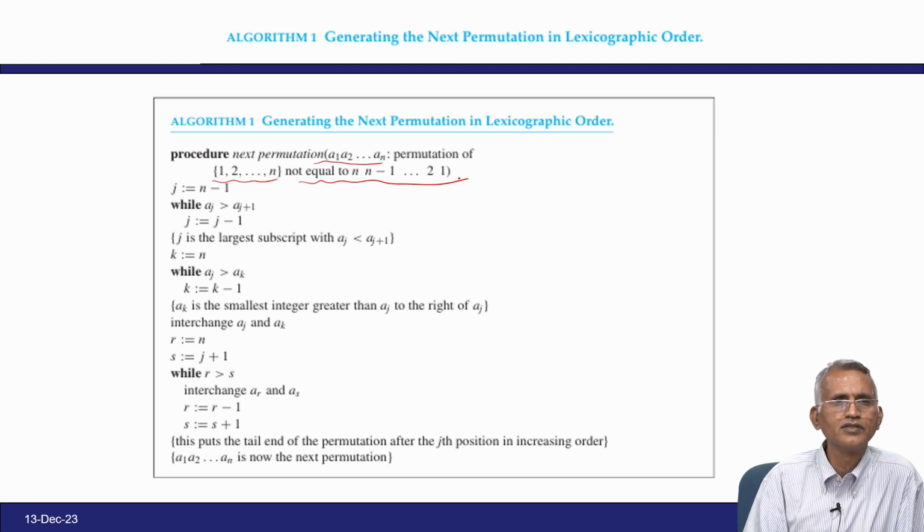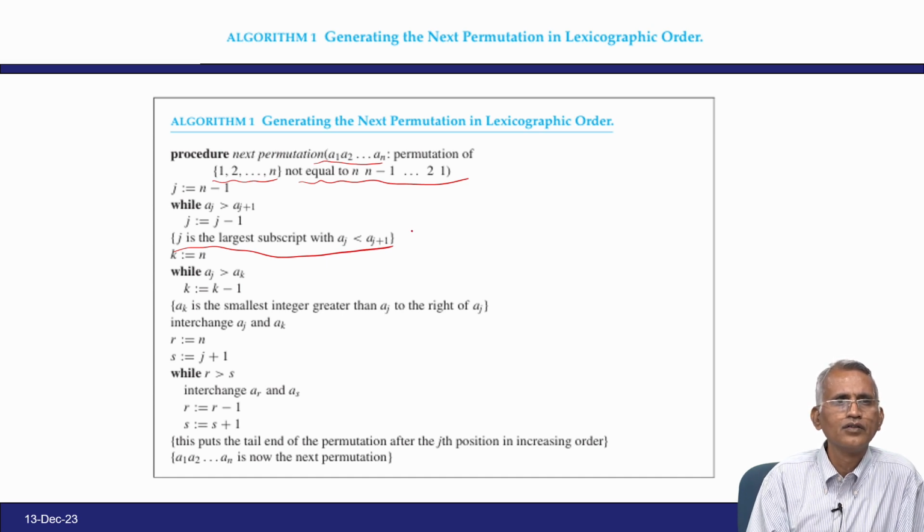Start with j equal to n minus 1, while aj is greater than aj plus 1, set j equal to j minus 1. Now j is the largest subscript with aj less than aj plus 1.